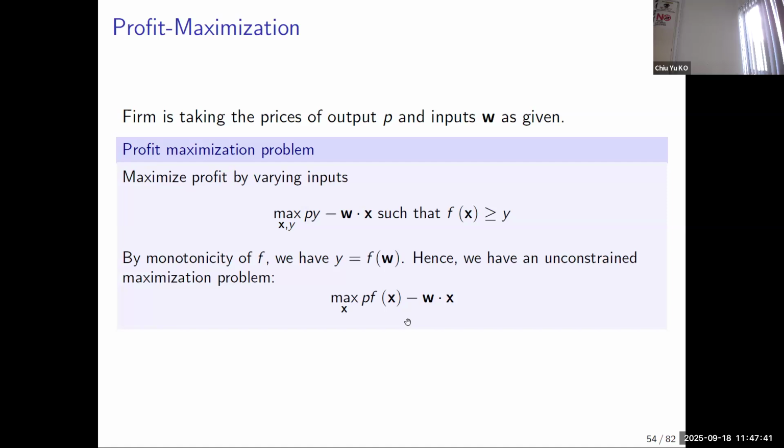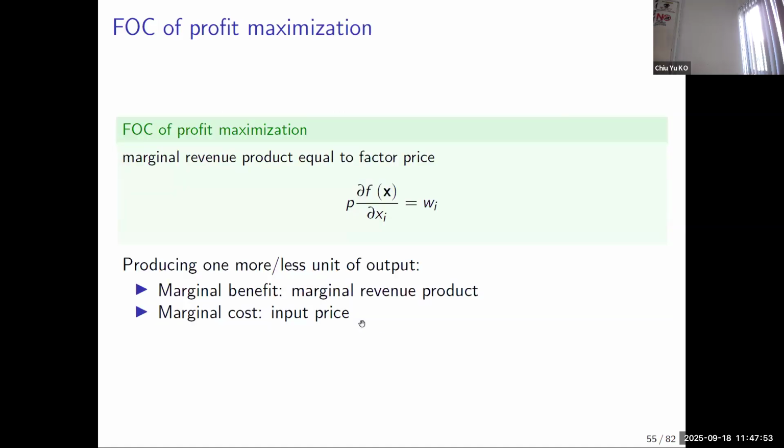So that is called the marginal product revenue. And increasing 1 unit of i will cost you w_i, right? So this is marginal revenue equal to marginal cost, because you use 1 more unit of i, it costs you w_i.